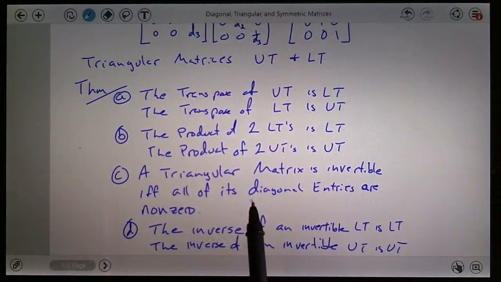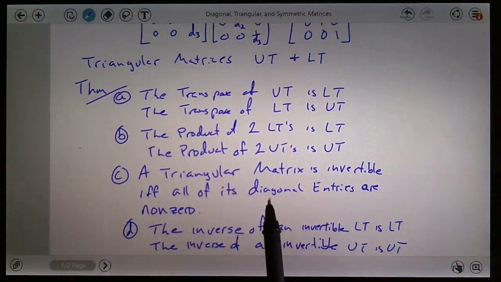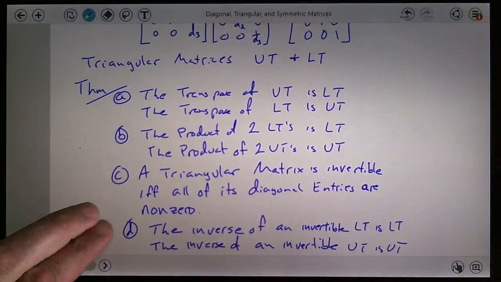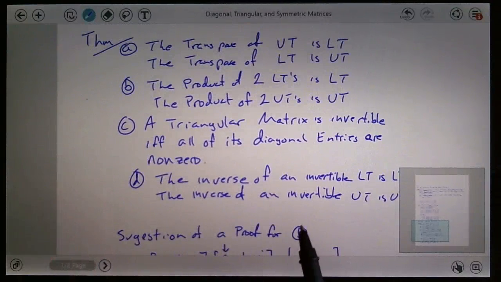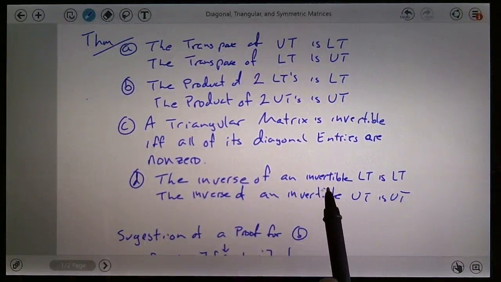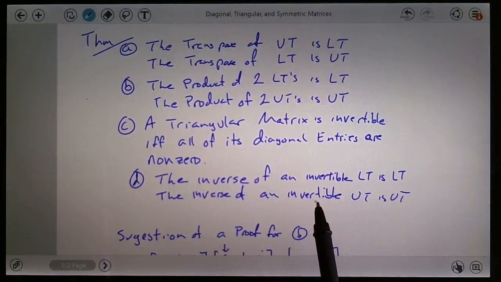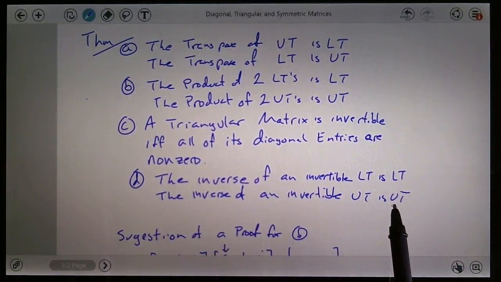As long as you have no zeros on the diagonal, then either upper triangular or lower triangular, it will be invertible. As soon as you have a zero on the diagonal, then it's not invertible. And in the case that you have an invertible triangular matrix, the inverse of an invertible lower triangular matrix is lower triangular, and the inverse of an upper triangular matrix is upper triangular.